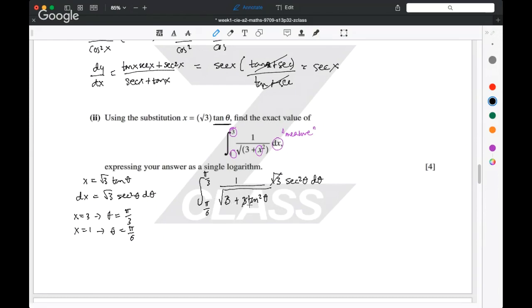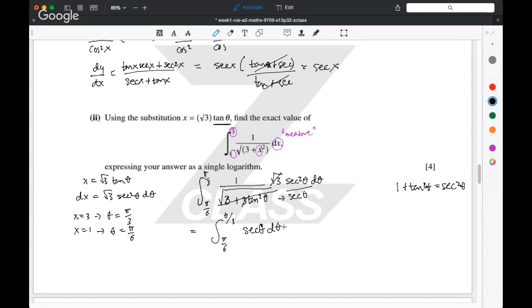And for this we have to use the identity that 1 plus tan squared theta is equal to sec squared theta. And that's in the formula booklet. And that gets square rooted, so you have a sec theta underneath. And so the whole thing becomes the integral from pi on 6 to pi on 3 of sec theta d theta.